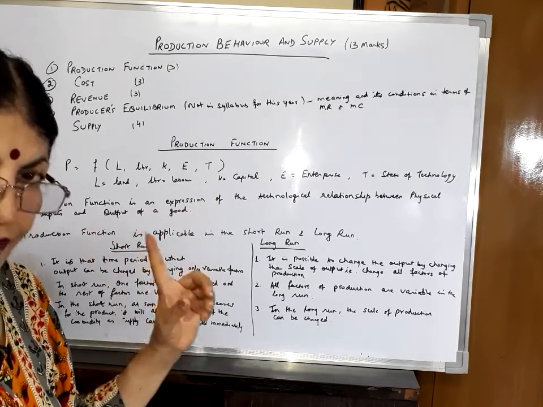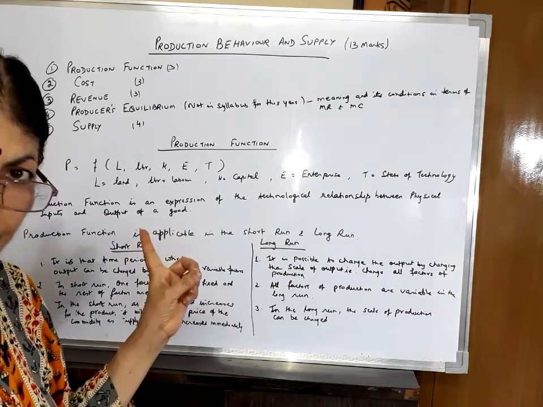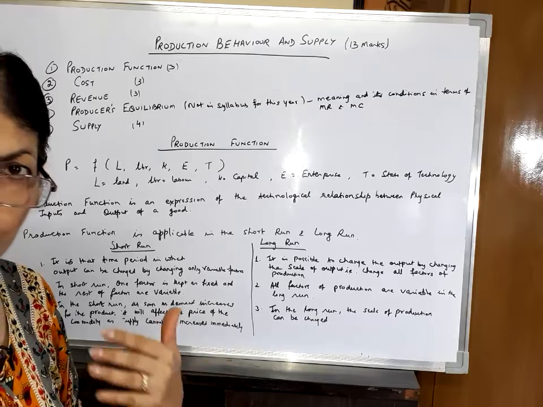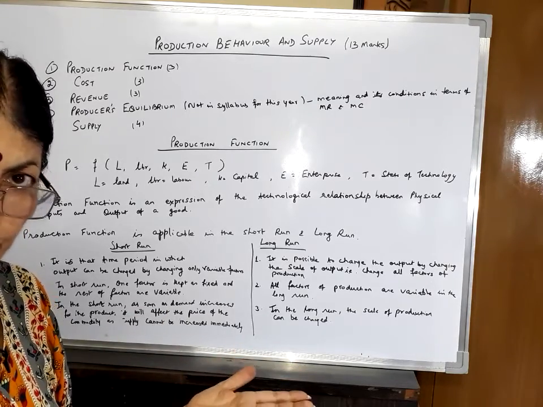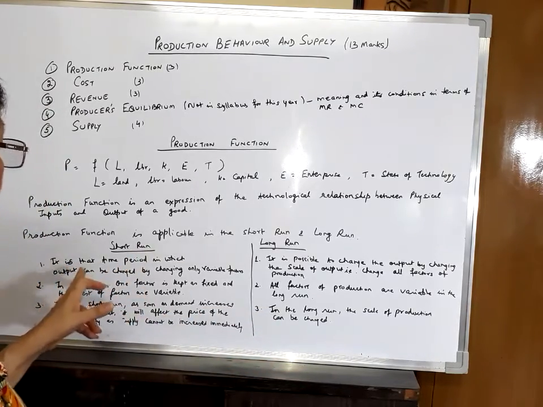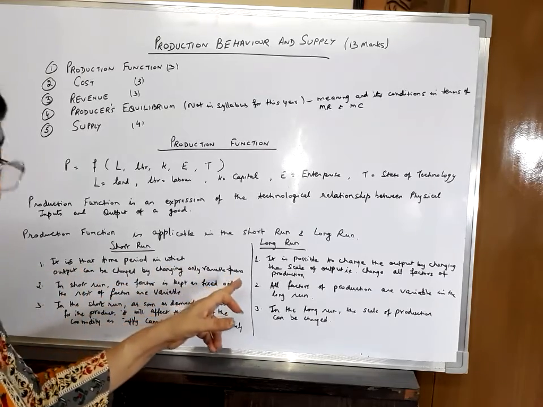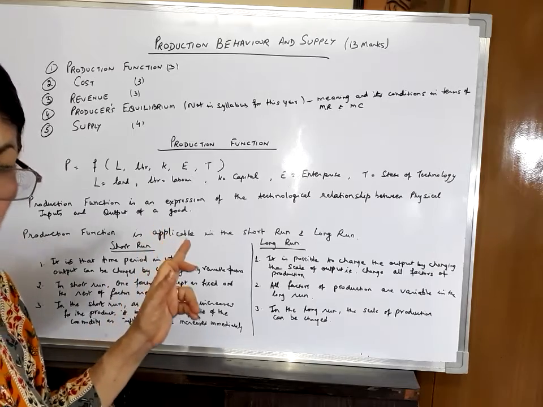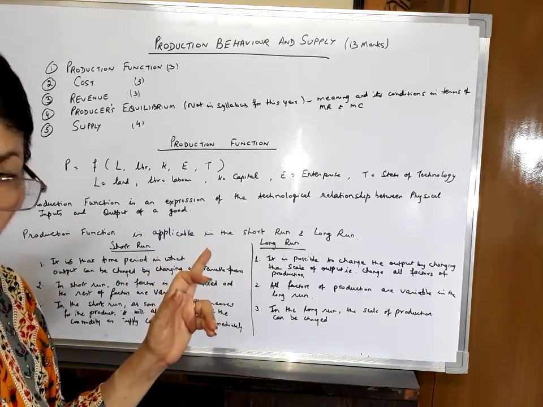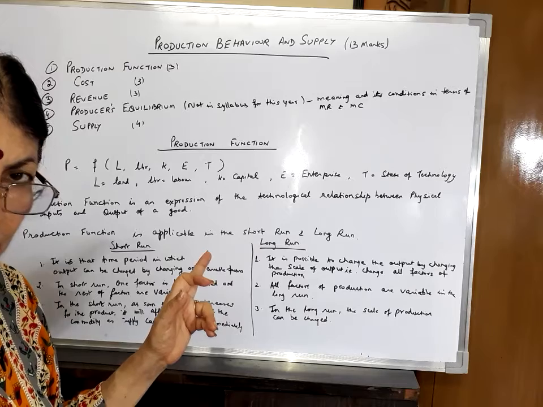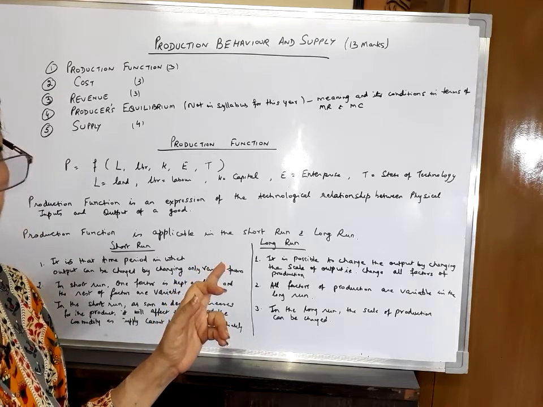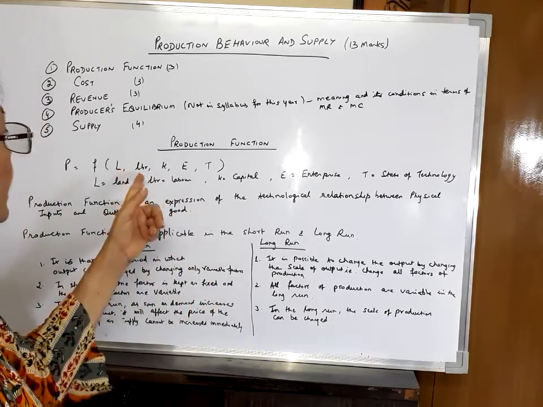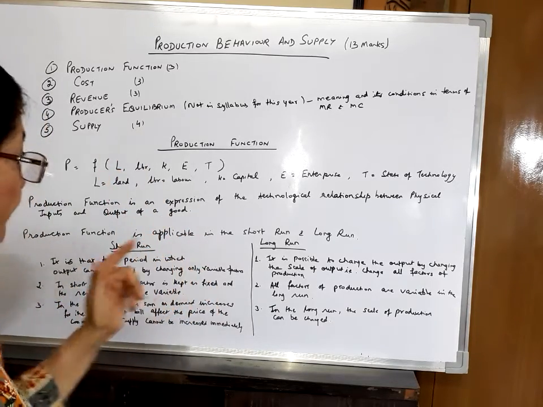Hence, only one factor of production, normally labor, can be increased or decreased in case we want to change our output. So, this is the first point that we have to understand, that in the short period you can change your output by changing your variable factor of production only. That means you can hire more laborers because labor is a variable factor of production.